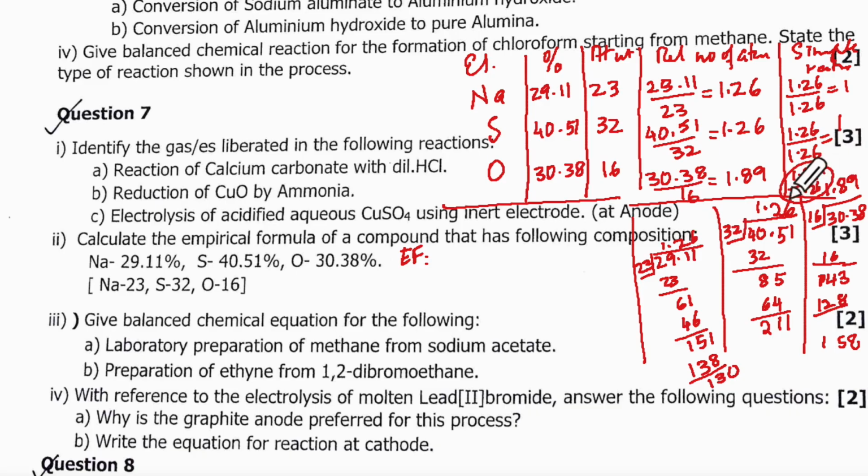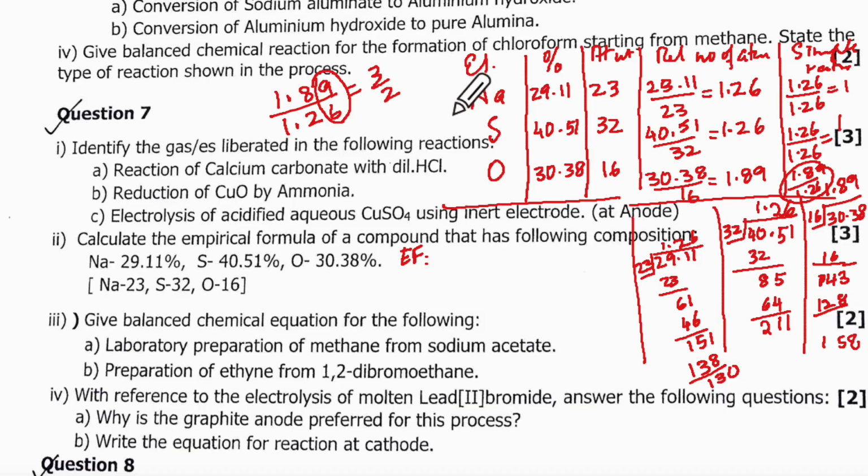Now I'm just going to magnify this and show you. It is 1.89 upon 1.26. For convenience sake, ignore the decimals. 18 upon 12 will be 3 upon 2, yes?